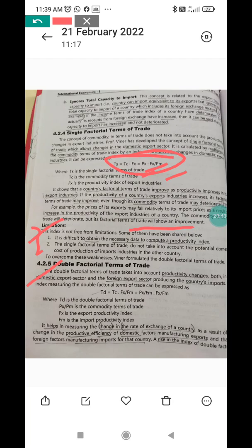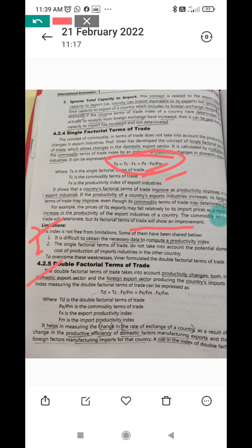Again I will read here. It helps in measuring the changes in the rate of exchange of a country as a result of the change in the productive efficiency of domestic factors manufacturing exports and that of foreign factors manufacturing imports for that country.